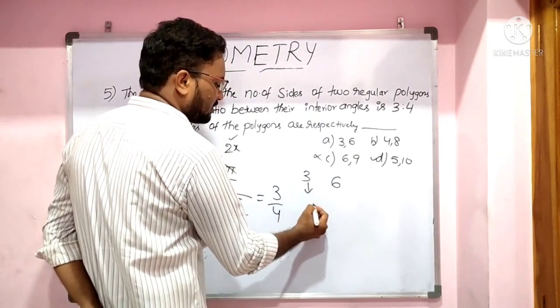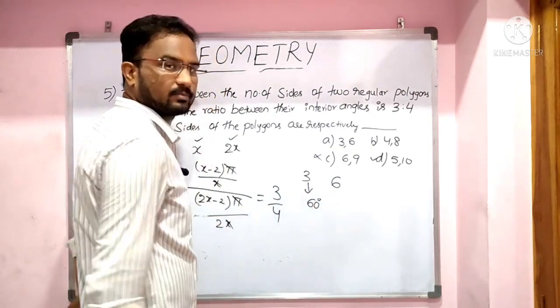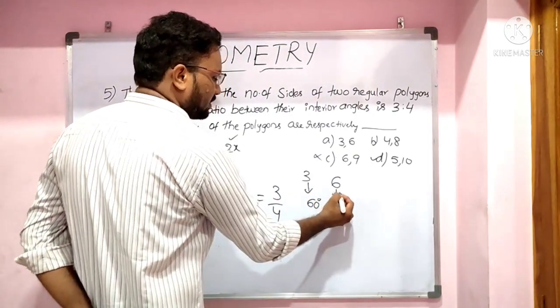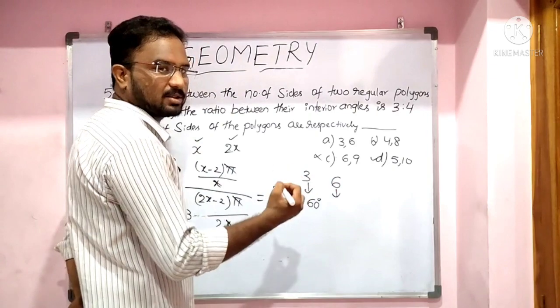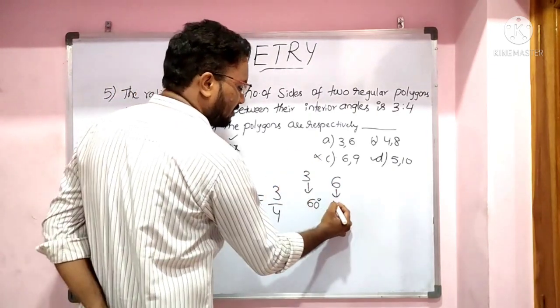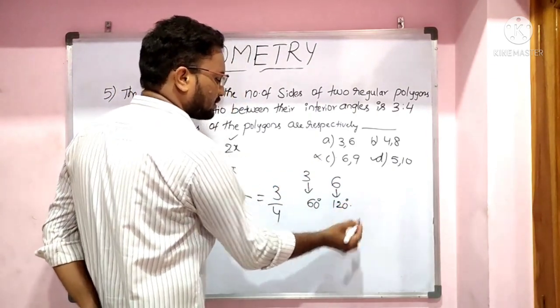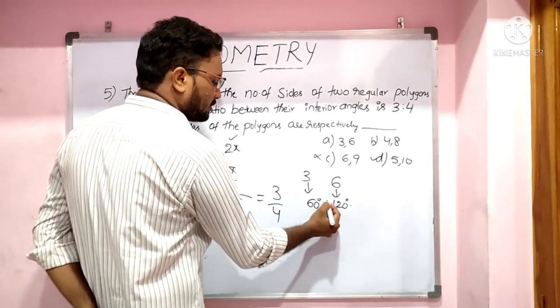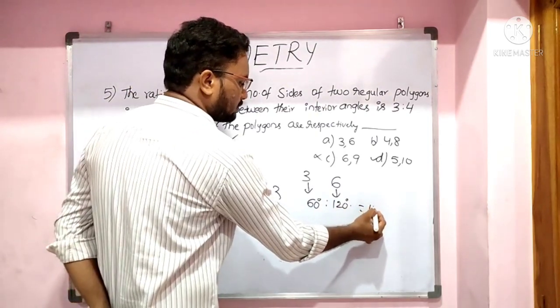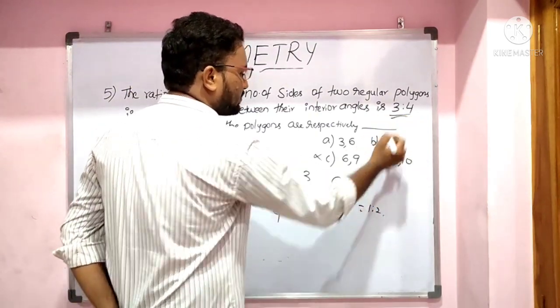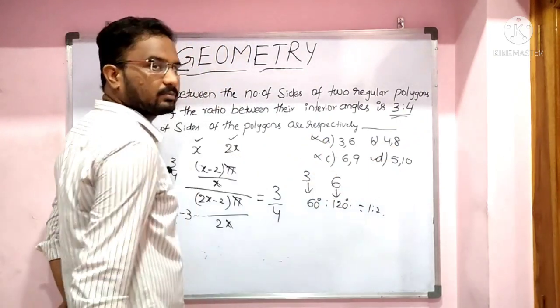The interior angle will be 60 degrees, and for 6 sides the exterior angle is 360 by 6, 60 degrees, so the interior angle will be 120 degrees. So the ratio is 1:2, but the given ratio is 3:4, so this is eliminated.